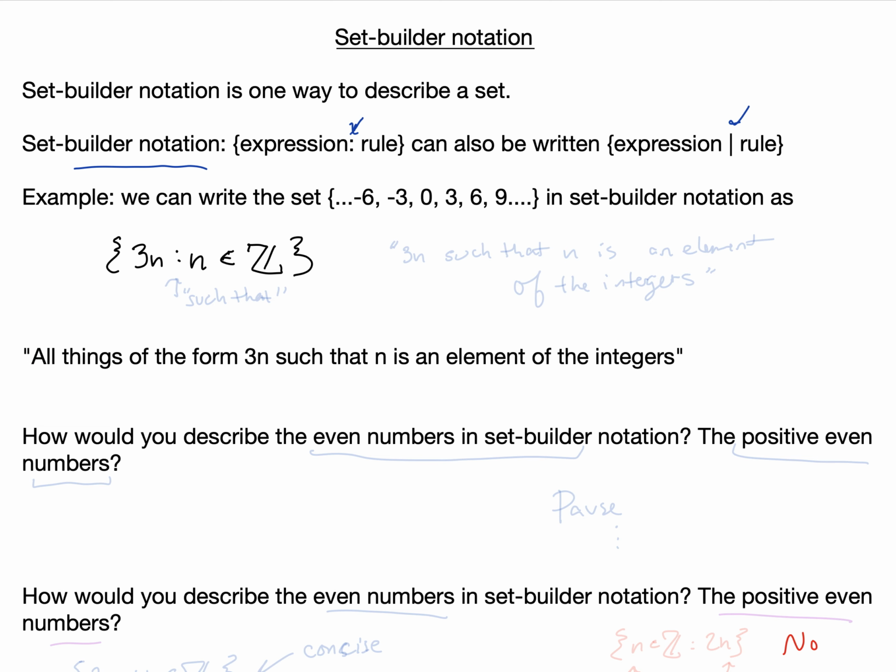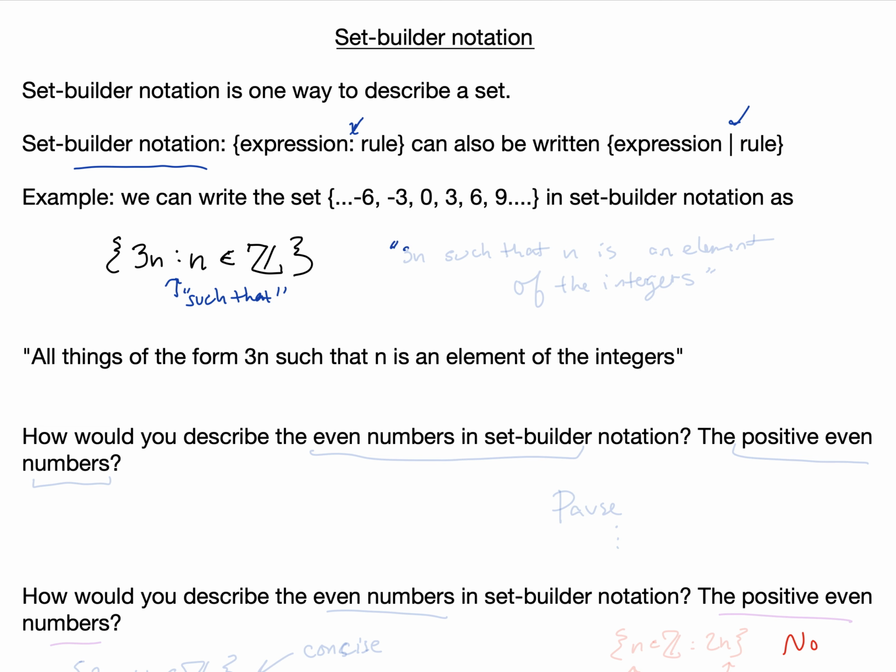As an example, we can write the set of integer multiples of 3, that's the set ..., -6, -3, 0, 3, 6, 9, etc., in set builder notation as 3n such that n is an element of the integers.